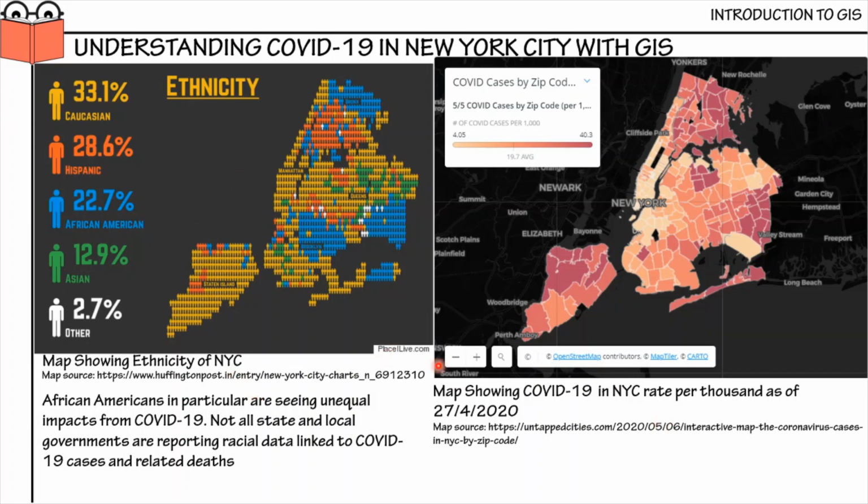But luckily there are no trends. Caucasians here in Staten Island are also spread across Manhattan. There are a few Hispanics here in Bronx, and African Americans.